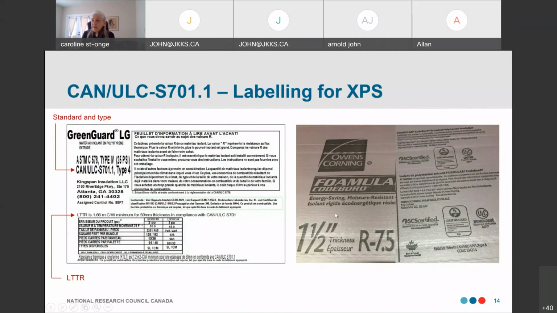And on the right side, this is another board where they are showing R7.5 per 1.5 inches, but because it's an XPS, they should have shown LTTR instead of R value. So this type of information may be misleading the user. But when you see the CCMC number as shown here on the right, you could log on to our registry and double check the LTTR that we are publishing for the product.